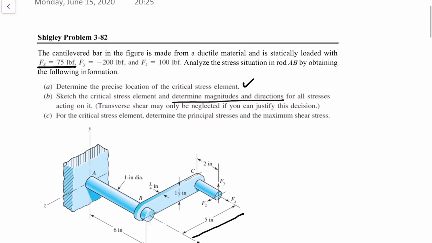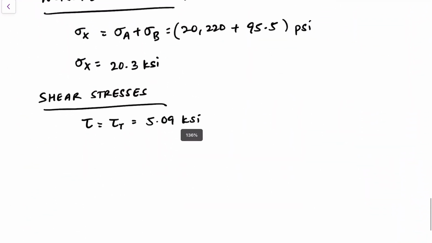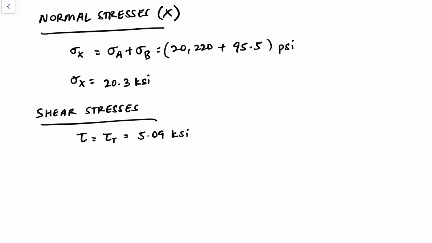And so when it says sketch the critical stress element, all it's asking you is, in that given configuration, what do the stresses look like, right? So you have a stress element, and let's say this is your X, and this is your Y, right?